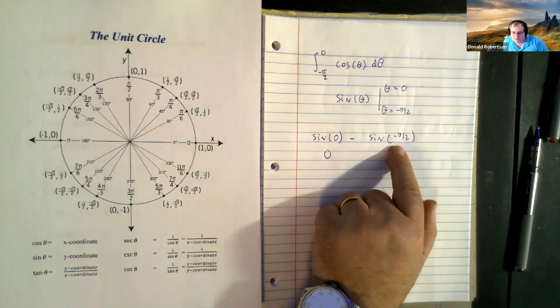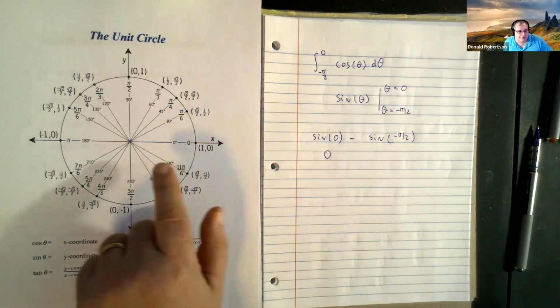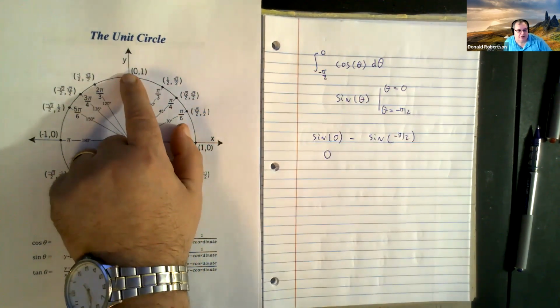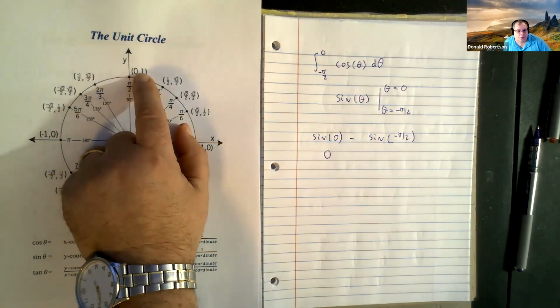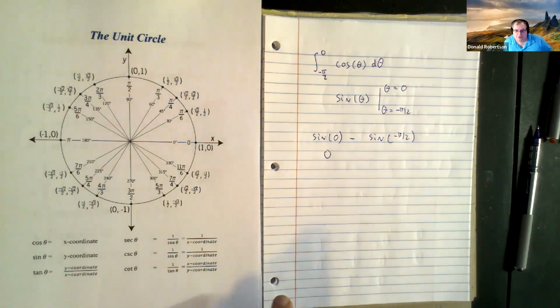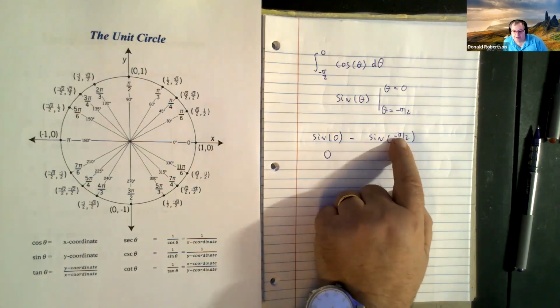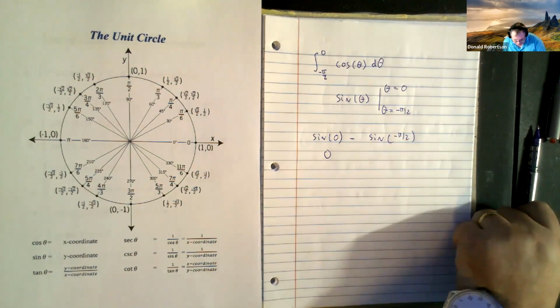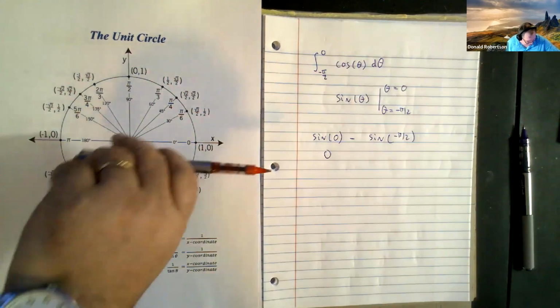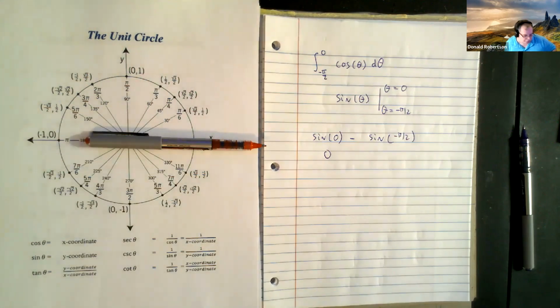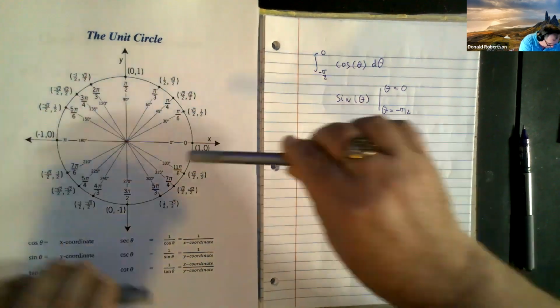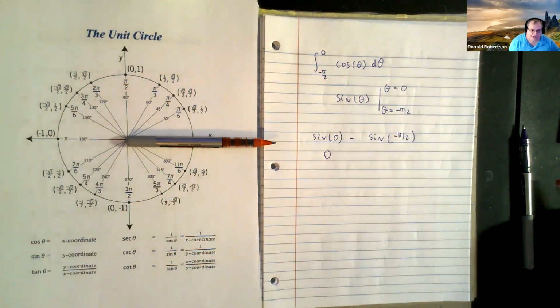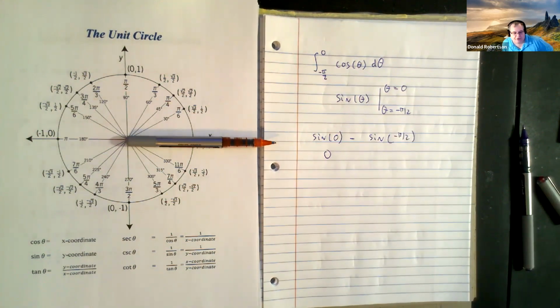Now, if you want to find the sine of pi upon 2, you would go up to this guy here, and the sine is the y coordinate, which is 1. But I don't want to find the sine of pi upon 2. I want to find the sine of negative pi upon 2. And when we measure angles, we start off life on the x-axis, and we rotate either clockwise or anti-clockwise.